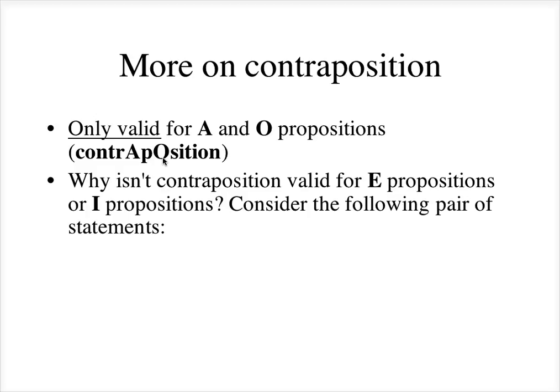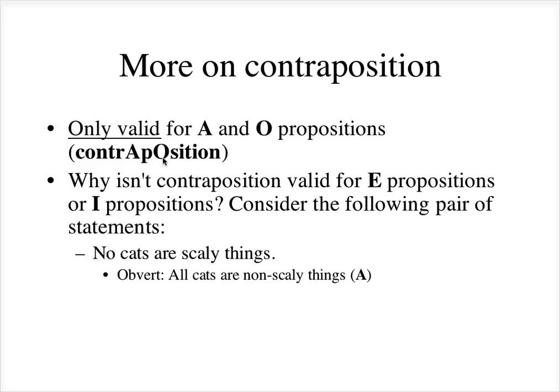So why isn't contraposition valid for E propositions or I propositions? Well, let's walk through it. Consider no cats are scaly things. We can do obversion on that, because obversion is valid for everything. So that becomes all cats are non-scaly things, and now it's an A proposition.